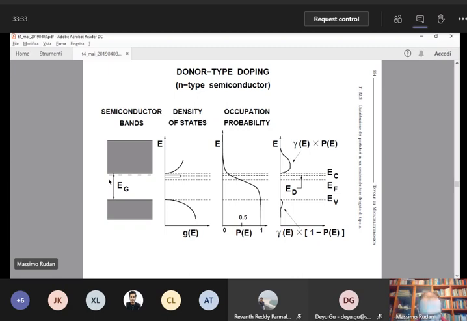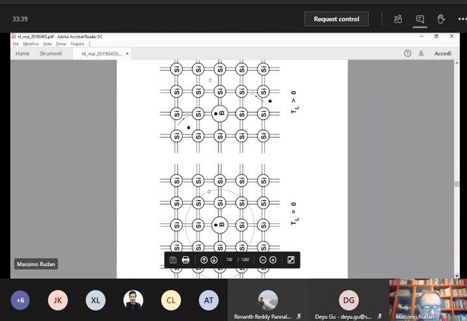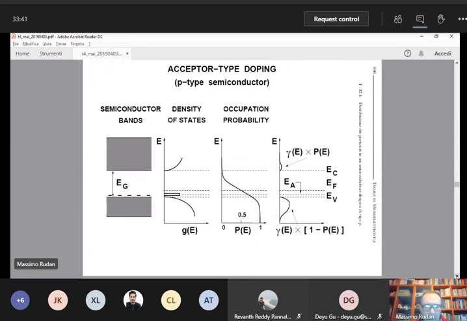when empty. The opposite happens with the acceptor type dopants, because as long as we are, for instance, at 0 Kelvin, nothing happens. The boron atoms are neutral, okay? At larger temperatures, they capture one electron, so they become negatively ionized.